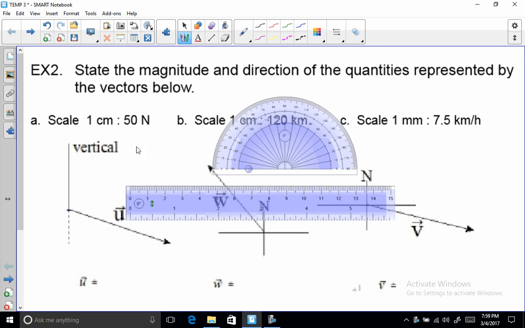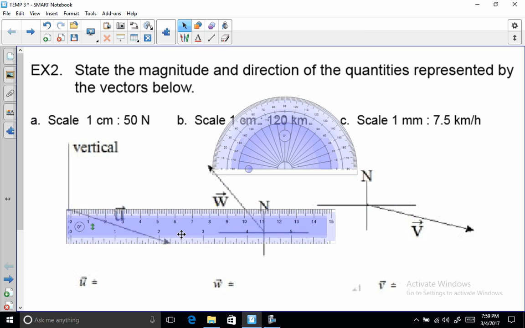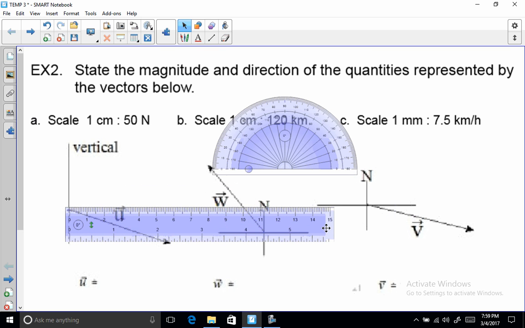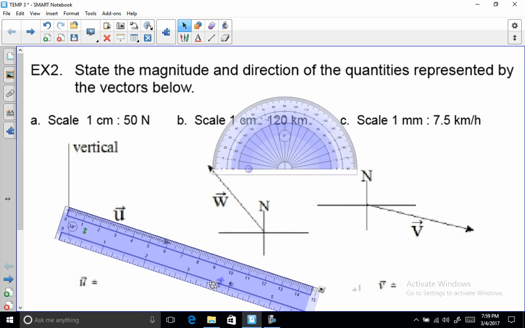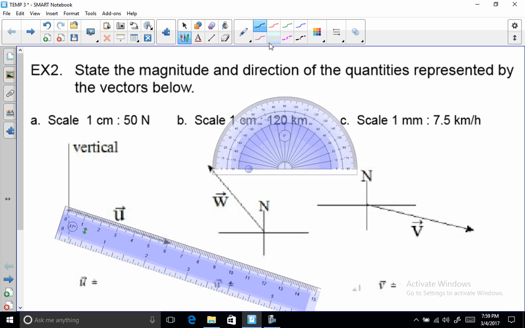In order to use a scale diagram of a vector, notice we've got the scale written there, I need to actually measure, and so I'm going to see if I can manage to do that. Measure the length of this thing. That looks like it's about 6.2, so I'm going to write that in there, 6.2 centimeters.